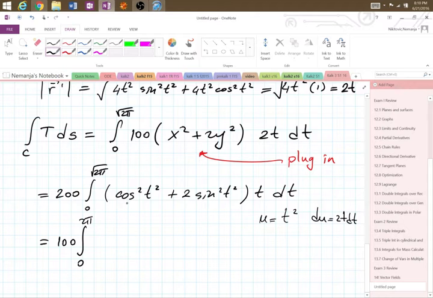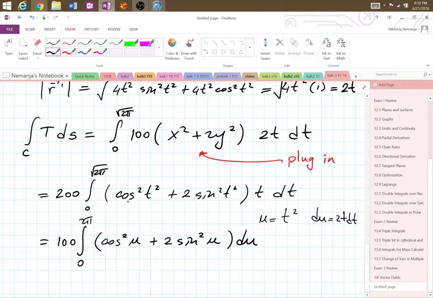And then I have cosine squared u plus 2 sine squared u du. But there is a 2, they're not the same, right? They have different coefficients.